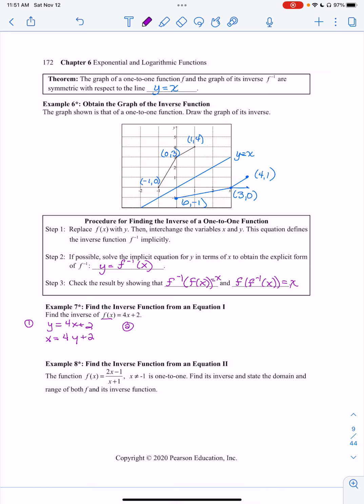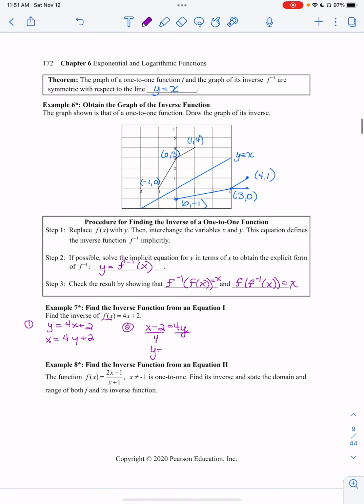If I subtract 2 from both sides, I have x minus 2 is equal to 4y. And then if I divide both sides by 4, I have y is equal to x minus 2 over 4. And then all I'm really doing at the very end here for step 3 is setting this equal to f inverse of x. Then I'm going to show that these actually work. So in step 3, I'm going to check my work.